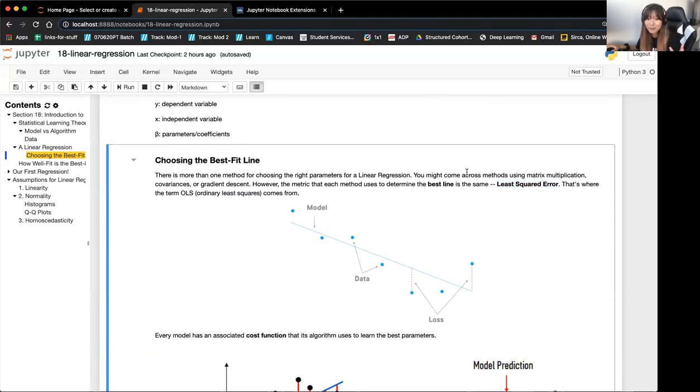There are many different ways this can be done. You might come across methods that use matrix multiplication, which we'll talk about when we get to linear algebra in mod 3. Or using covariances; I think in the labs you're asked to calculate this using covariance. Or you can do it using gradient descent.